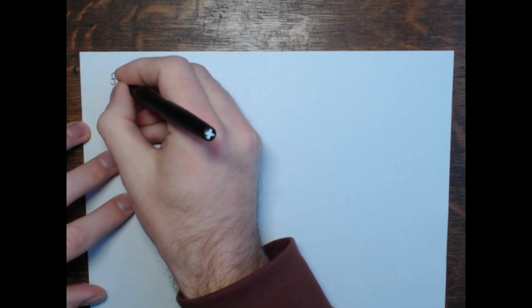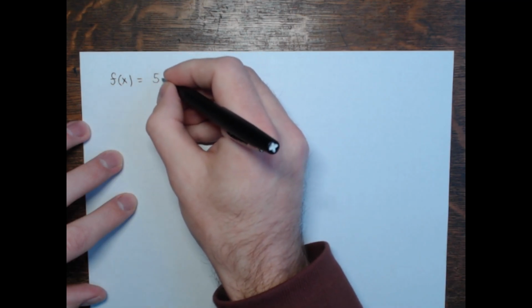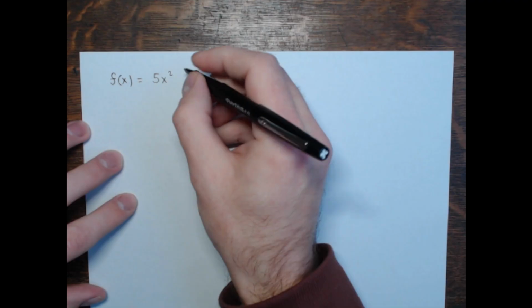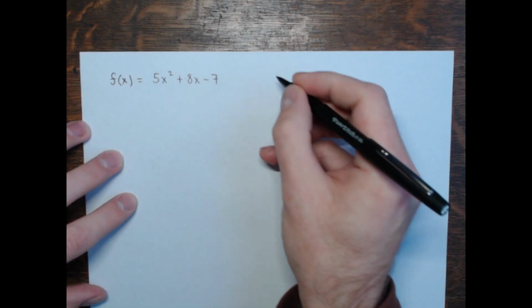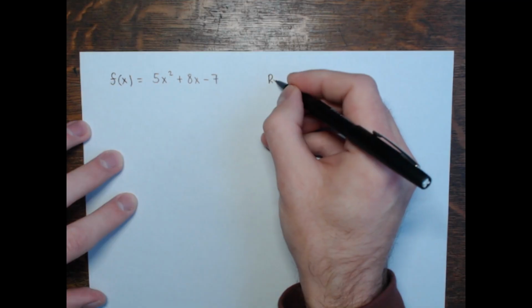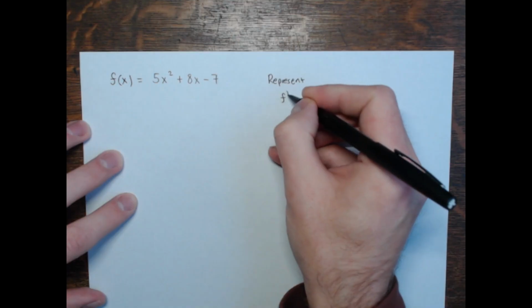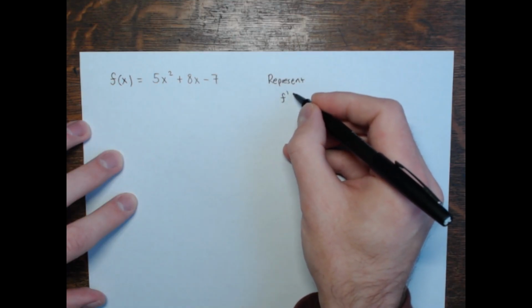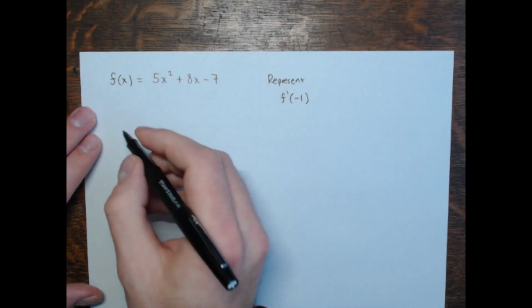We're given this quadratic function, 5x squared plus 8x minus 7, and we're asked to represent f prime, the derivative of f at x equals -1.